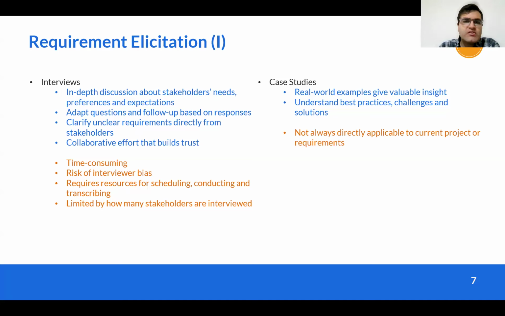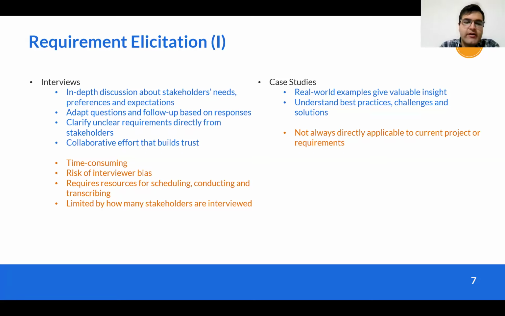Okay. For example, school development systems have been developed before, right? There are online school management systems that other people have developed. So you're not making something new in that case, but you might be making something that's very specific to the school that is going to use your system.